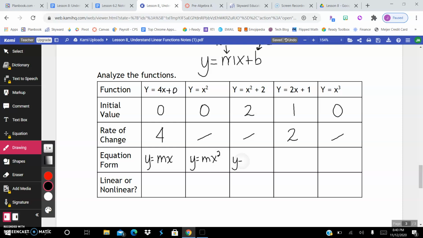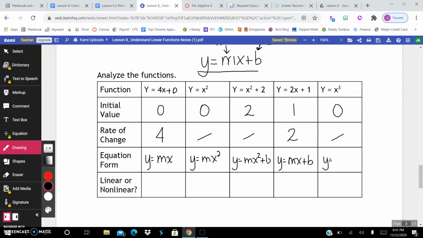And this one would be y equals mx squared plus b. So that's definitely not linear form. It doesn't match up with what I wrote up here at the top. And then here we have y equals a number times x and then plus a number at the end. So that's an mx plus b.